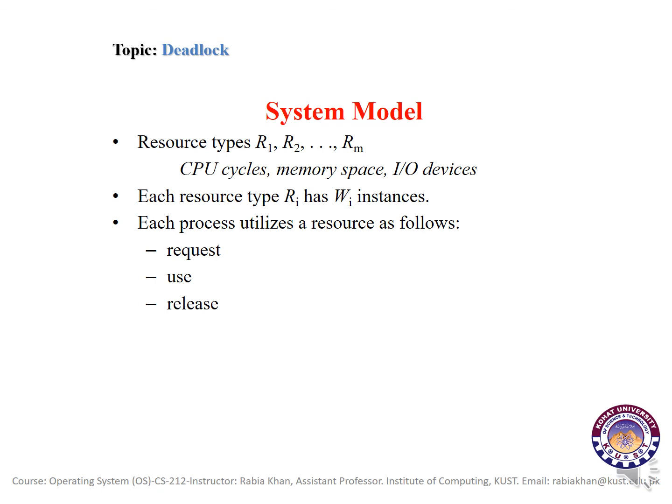Like primary memory, we have RAM and ROM, and for secondary memory, we have different types of removable storages and disk as well. So the instances of a resource R can be represented by alphabet W.